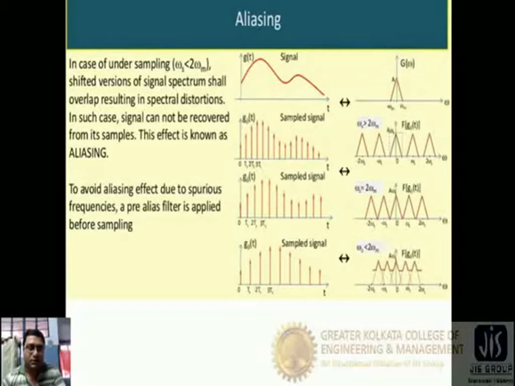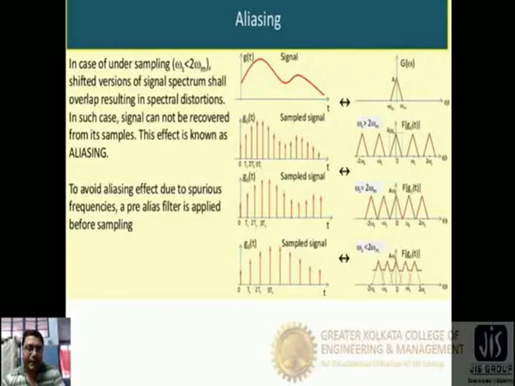In such cases, the signal cannot be recovered from its samples. This effect is known as aliasing. To avoid this aliasing effect due to spurious frequencies, an anti-aliasing filter is applied before sampling.